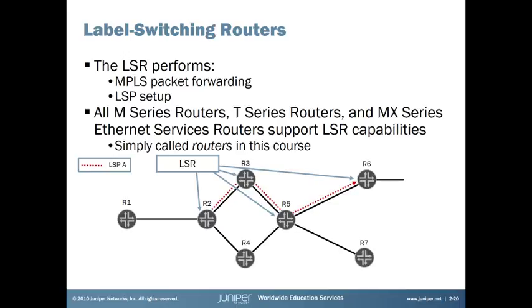M series routers, T series routers, and MX series routers can do that. In our labs, we're using the MX series router. All these routers support the label switch router capabilities. In this course, we don't call them label switch routers, we just call them routers, because they're all label switch routers if they're handling MPLS.